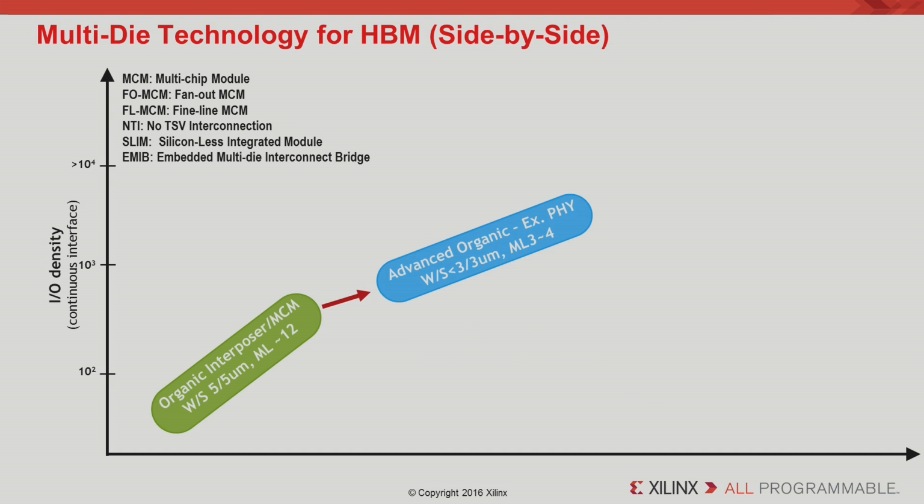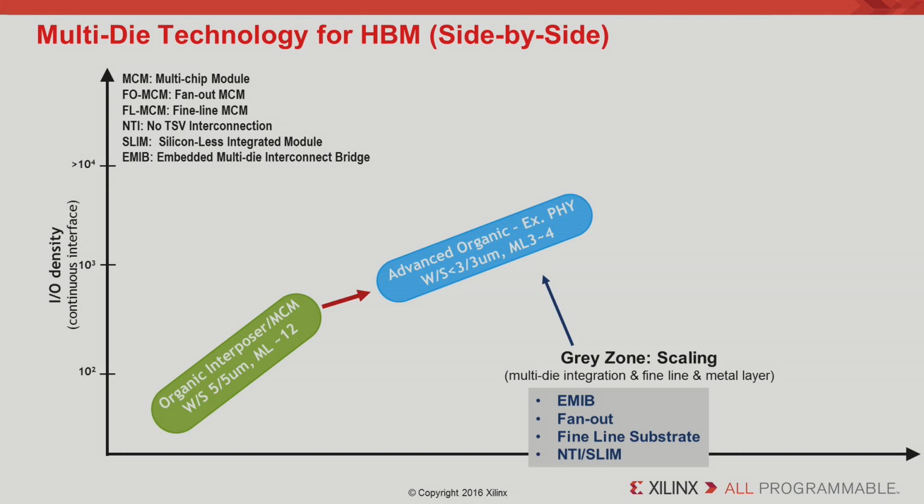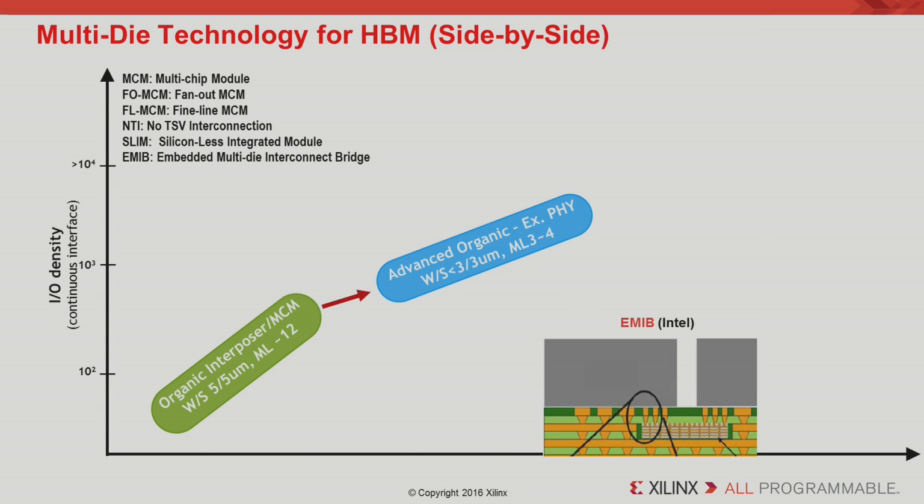There are even more advanced options coming out, still organic-based, which are trying to push the pitches down to 4 micron or under. This is where there are a lot of competing options. Intel came out with their EMIB, which is really a silicon bridge embedded within the organic substrate.